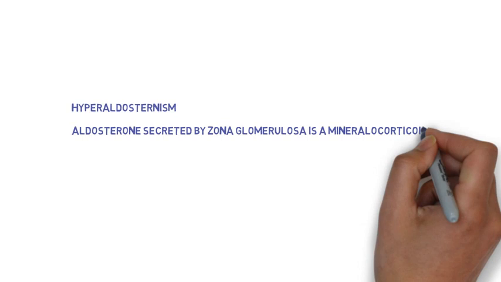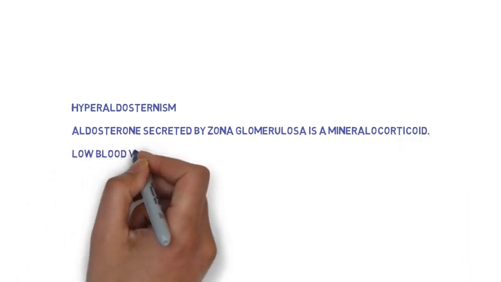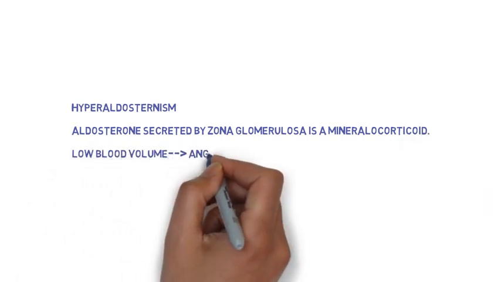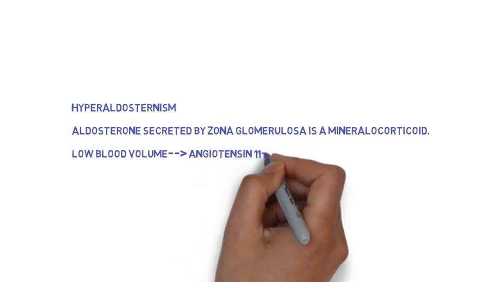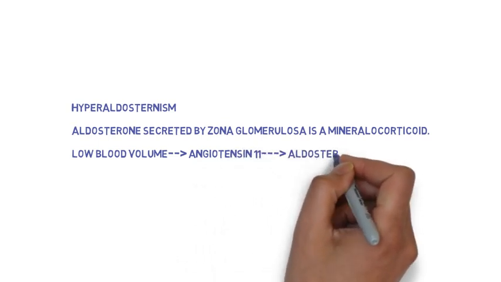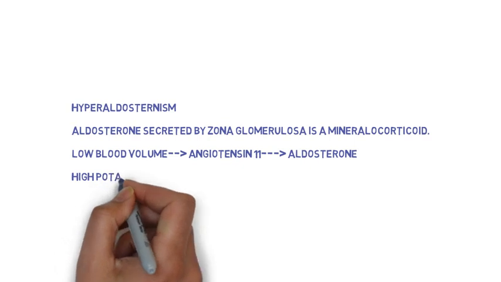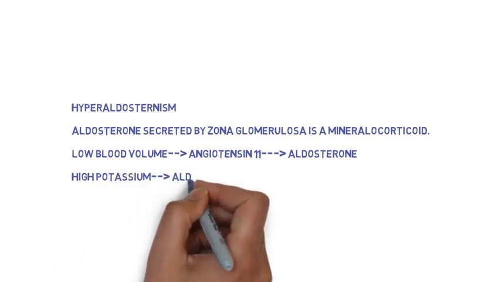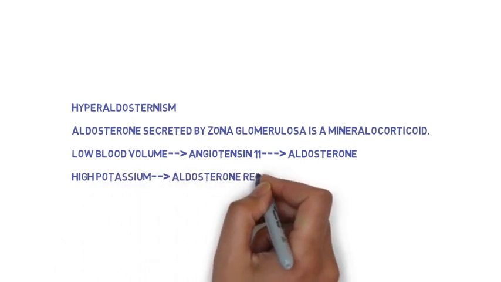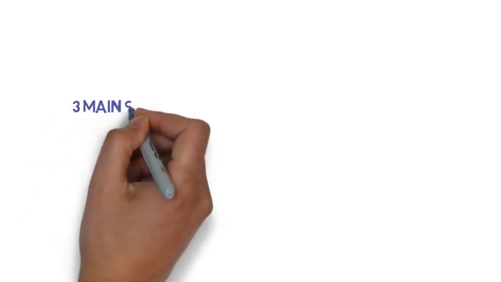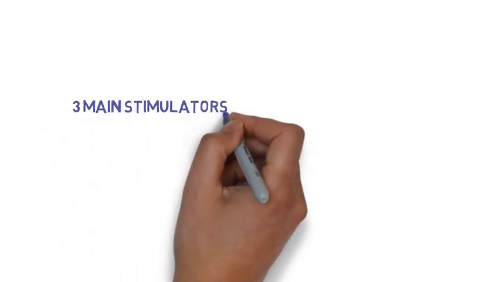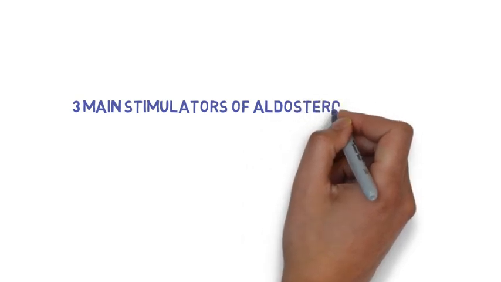And aldosterone is a mineralocorticoid, and it is released if there is low blood volume, and this causes angiotensin II to be produced, which causes aldosterone release. And aldosterone is also released in response to high potassium.